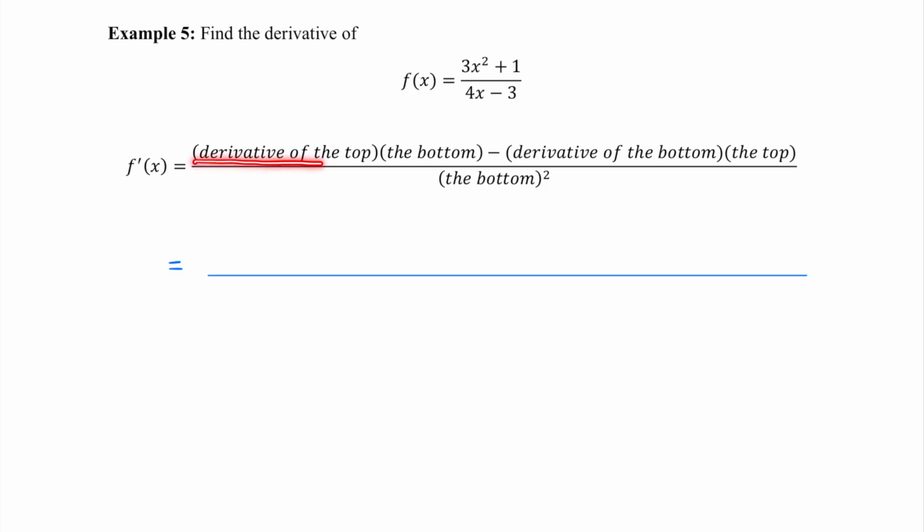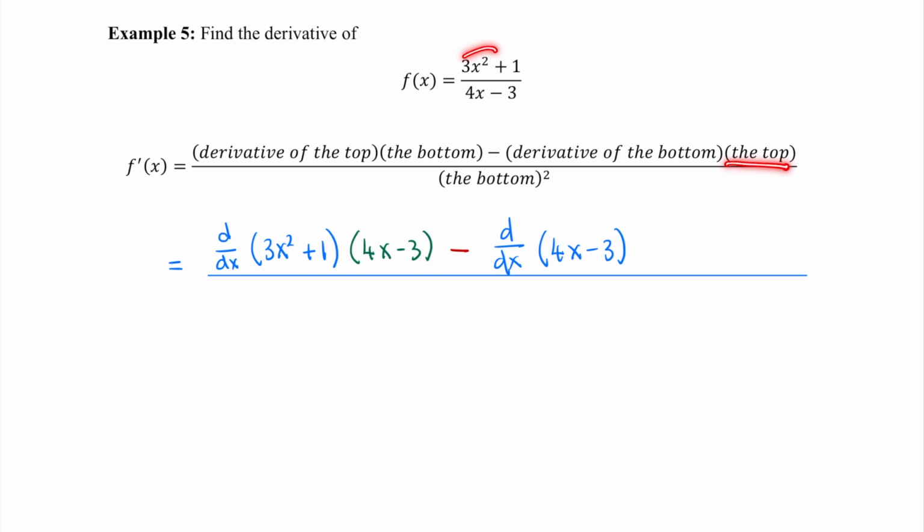The derivative of the top, which is the derivative of 3x squared plus 1, times the bottom, which is 4x minus 3, minus the derivative of the bottom, which is the derivative of 4x minus 3, times the top, which is 3x squared plus 1, over the bottom squared, which is 4x minus 3 squared.